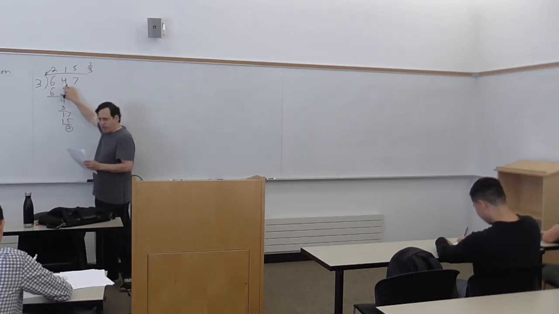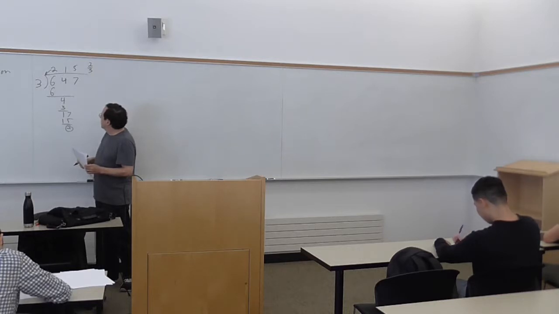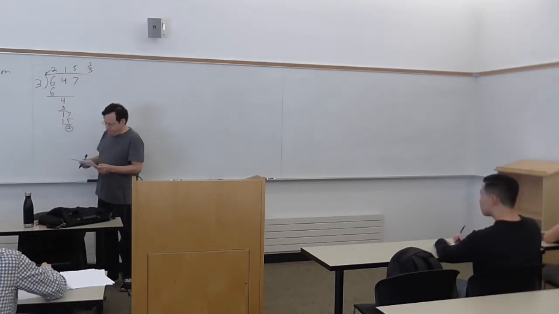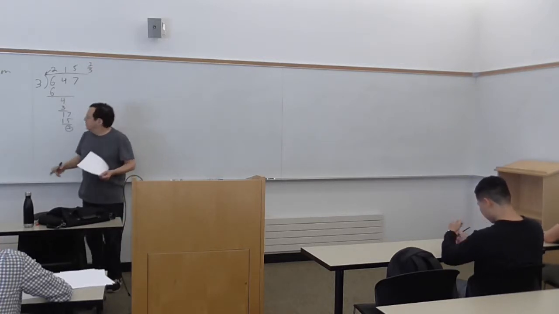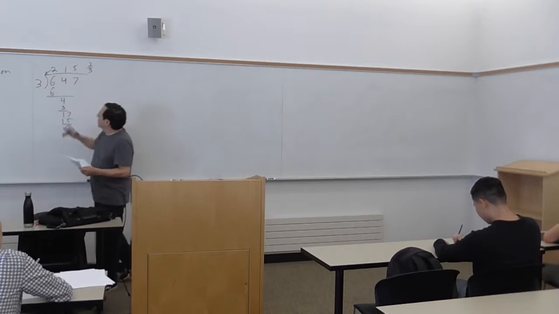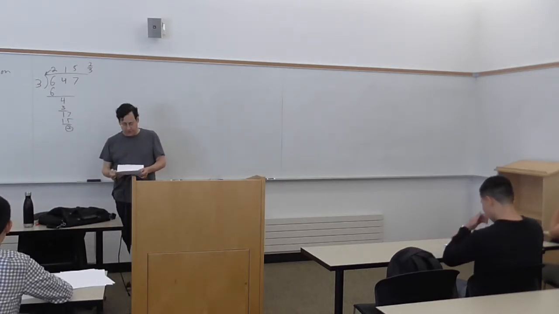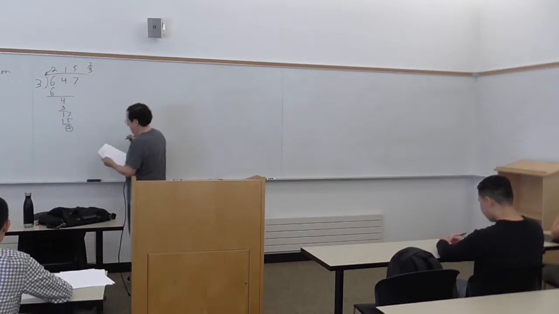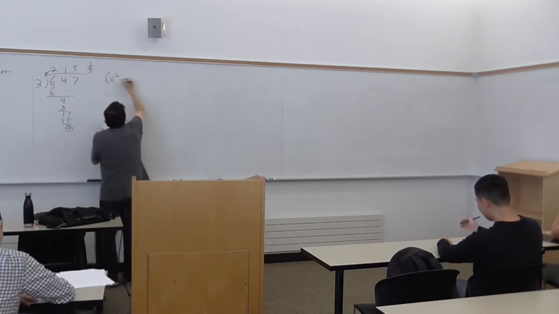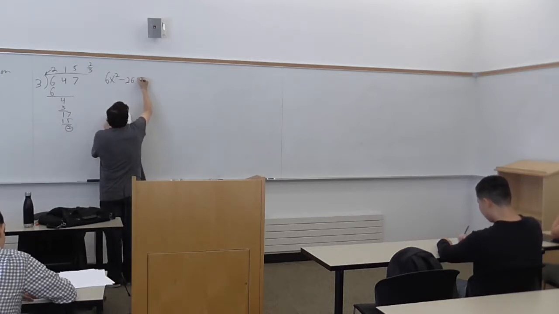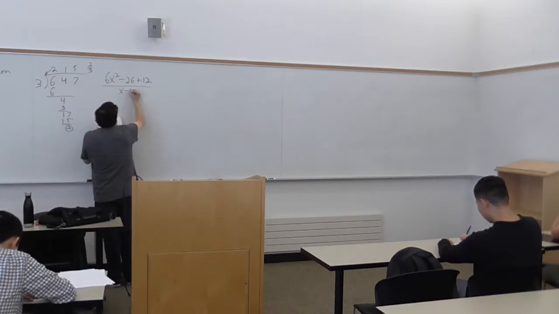Very oriented towards columns and placeholders, but the long division I'm talking about is not like this. I'm talking about long division of polynomials. So, for example, you might have x squared minus 26x plus 12, and you might want to divide that by x minus 4.